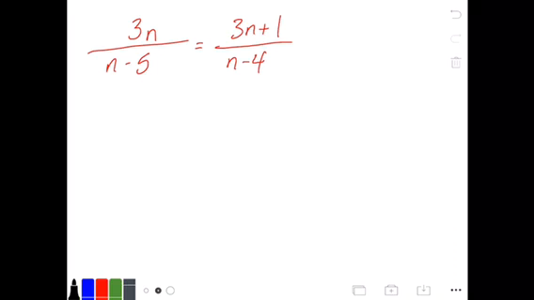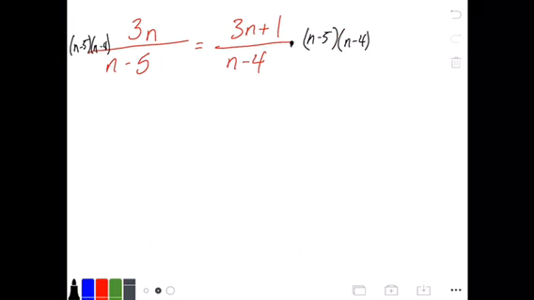If you look at the denominators, n minus 5 and n minus 4, I need to multiply both sides by the product of those denominators. Now when I say product, I do imply multiplying, but you do not want to multiply them out. So I'm going to say n minus 5 times n minus 4, multiply that side, and then multiply this side also by n minus 5 times n minus 4.